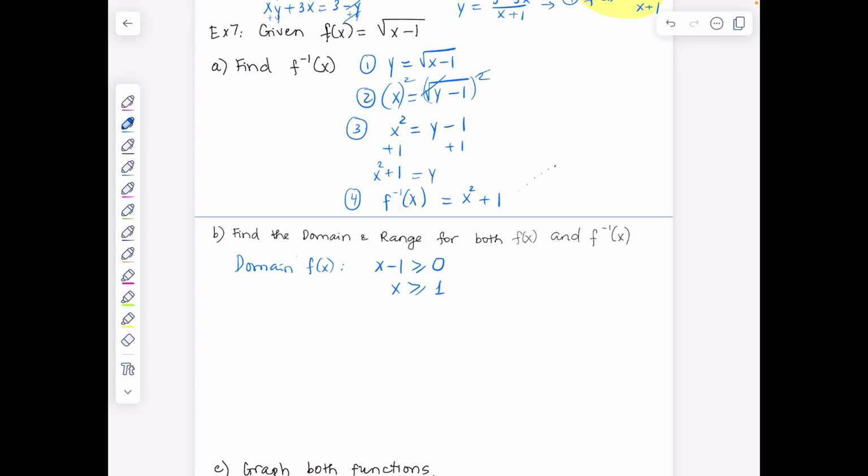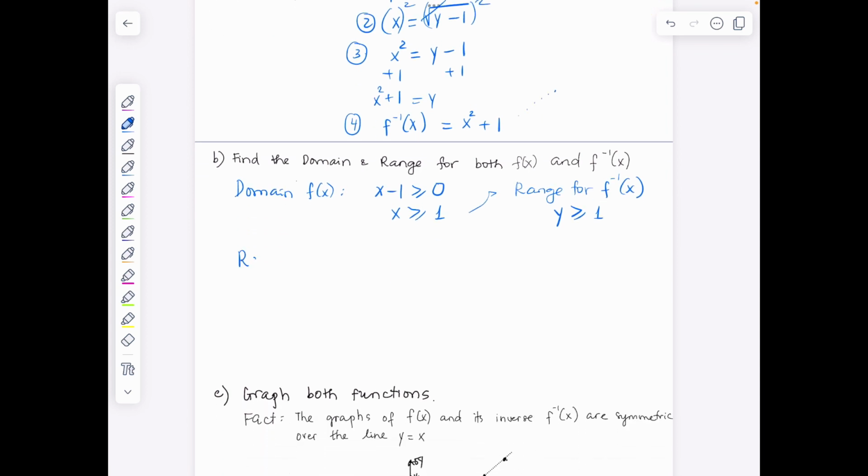We can automatically conclude that the range for the inverse function of f must also be greater than or equal to 1, but instead of x, this time we have y, because remember we interchange x and y.